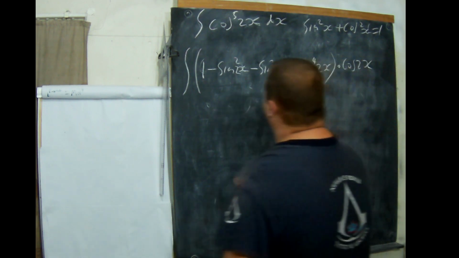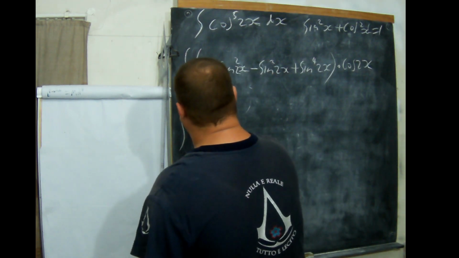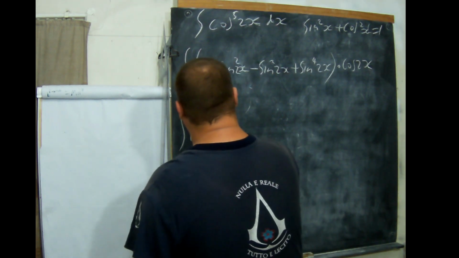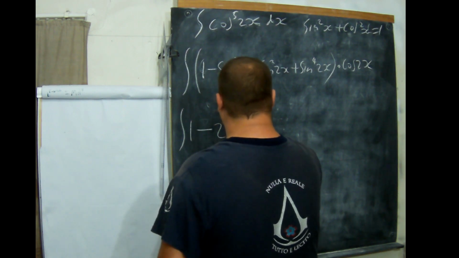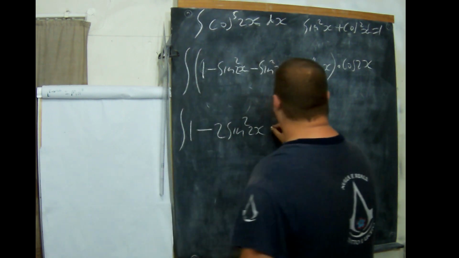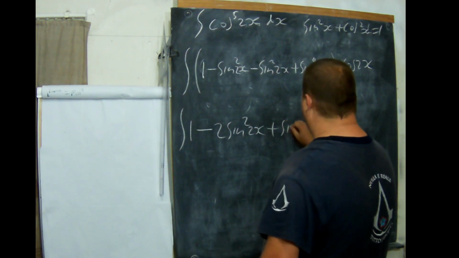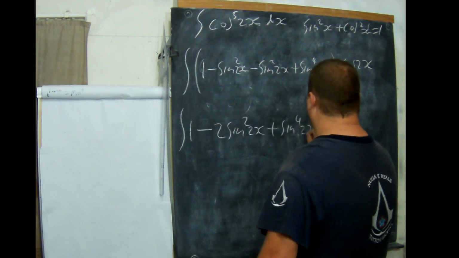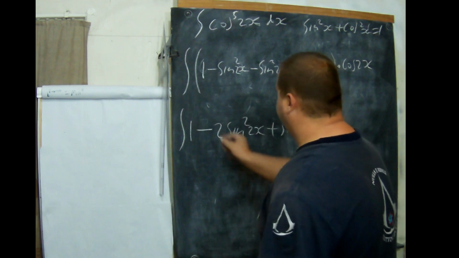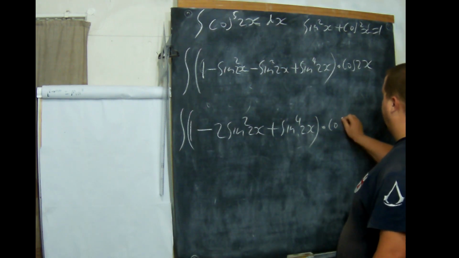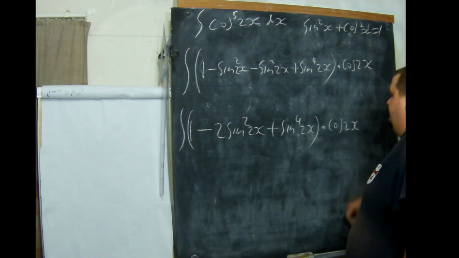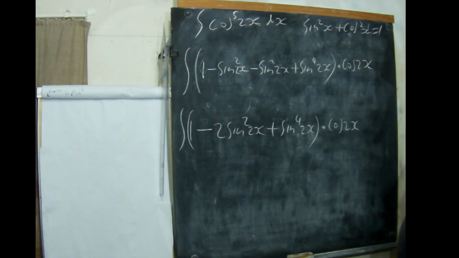So what we have now is 1 minus 2 sine squared 2x plus sine to the 4 2x, times cos 2x. Now we multiply cos 2x in.